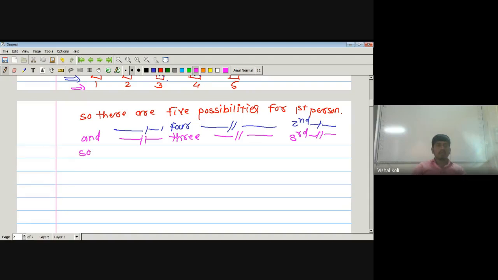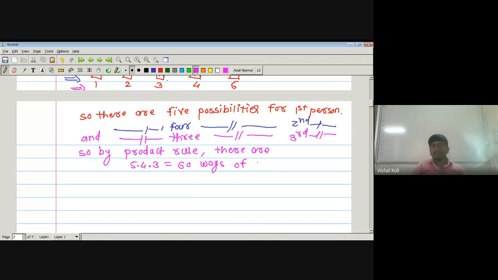Now we have to use the product rule. So by the product rule, there are 5 into 4 into 3, which is equal to 5 into 4, 20, 20 into 3 equal to 60 ways of occupying these places.